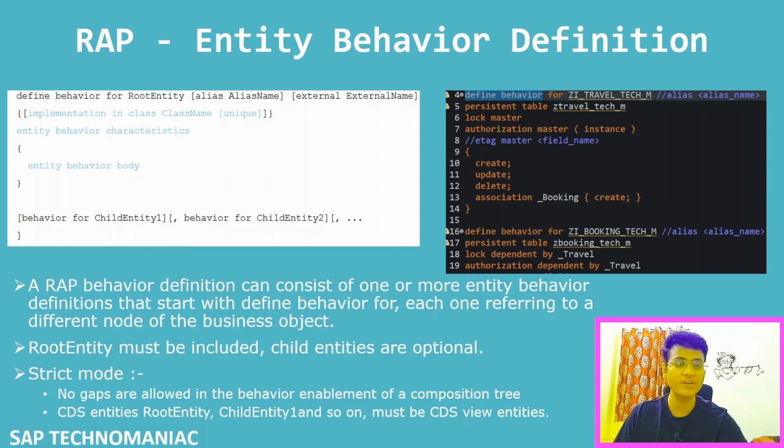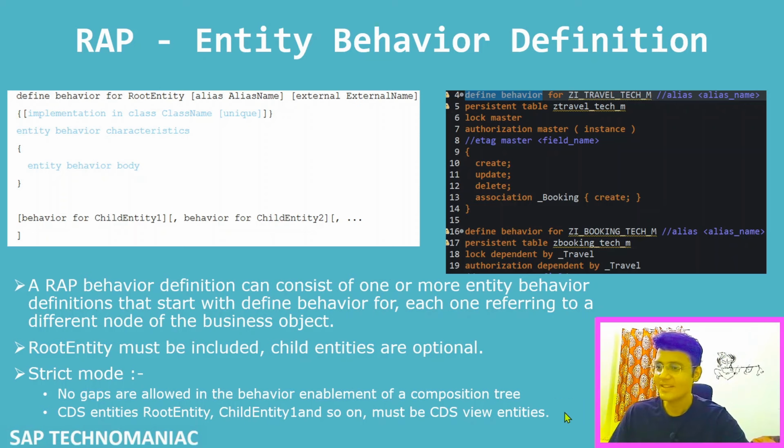That is not possible. You will definitely get an error whenever you use strict mode. So you should define the child behavior first, and only then will you be able to define your grandchild behavior. I hope you know what a grandchild is: root, then child, and the child's child is the grandchild.